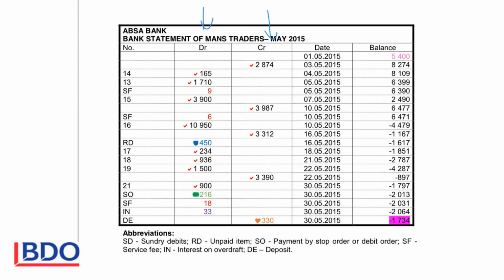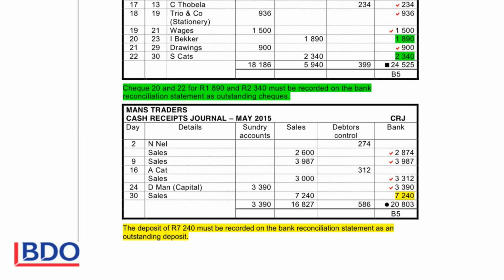So it means that I have to go and look at all these figures that are not ticked off and record them in the cash receipts or cash payments journal. Now remember that the figures that appear on the debit side of the bank statement will be recorded in the cash payments journal, and the figures on the credit side of the bank statement will be recorded in the cash receipts journal.